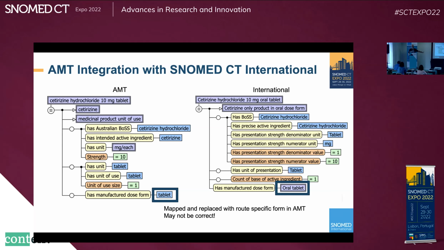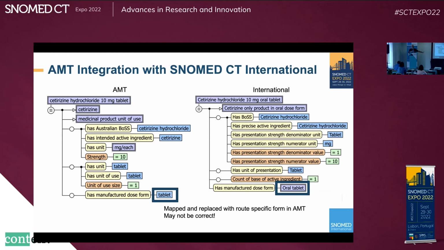And in this case, this blue box is a primitive concept that is the target of this relationship. And this is kind of a rendering of the axiom. It's part of the definition of this concept, that it has a particular basis of strength substance where the value is that concept, which is an object property in the OWL world.